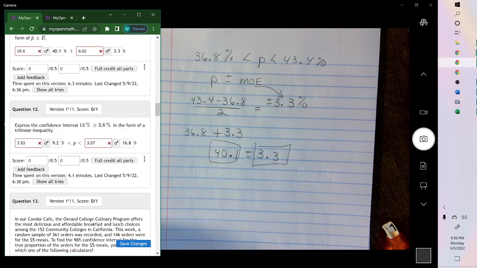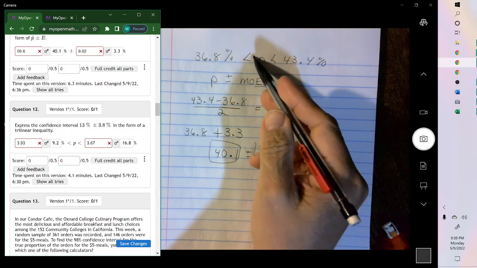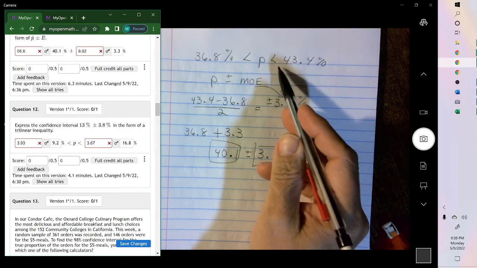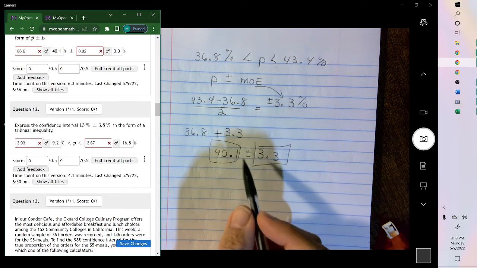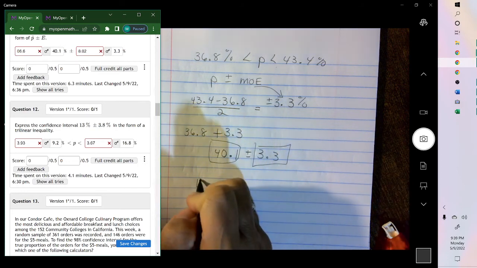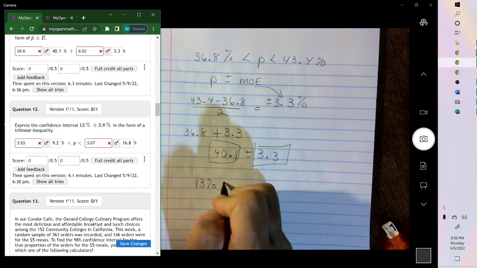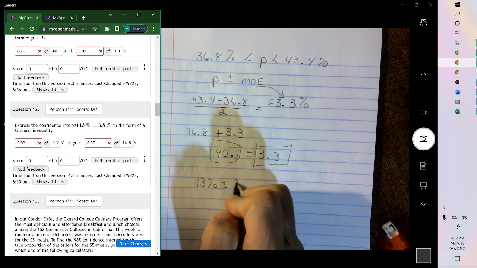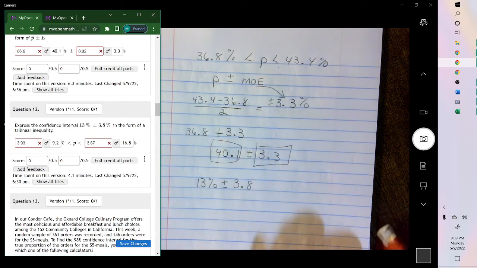Now number 12 is going backwards. It's going from this to this. So to find your values, we have 13% plus or minus 3.8.